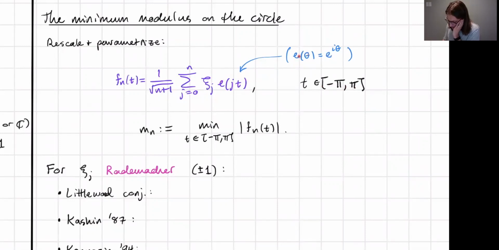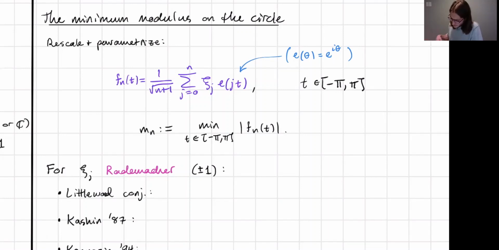So I write e of theta for e to the i theta, and then when you're taking the jth power, this becomes this wave of frequency j. So now it really looks like a trigonometric series. And then I also want to scale by square root of n plus 1, so that at each fixed t, this is a standard Gaussian.